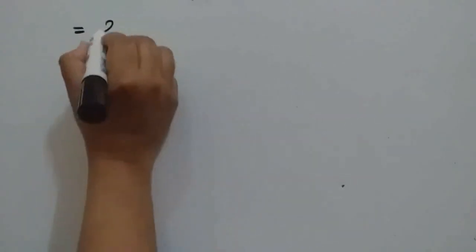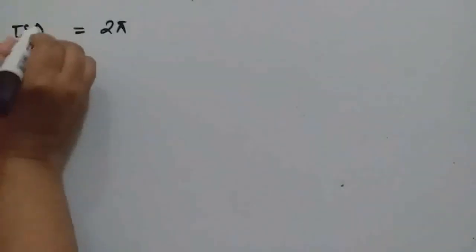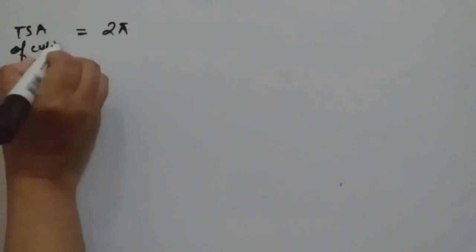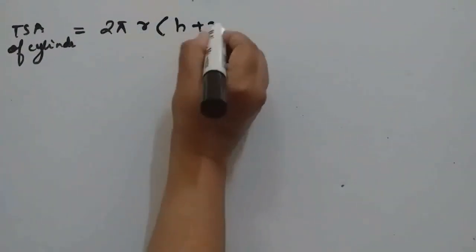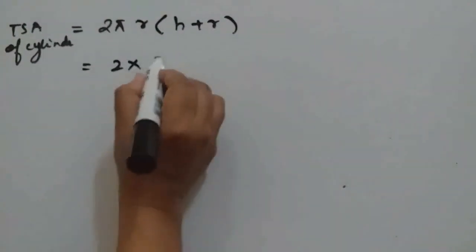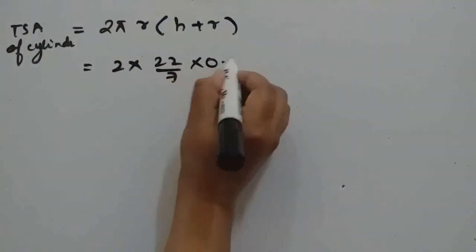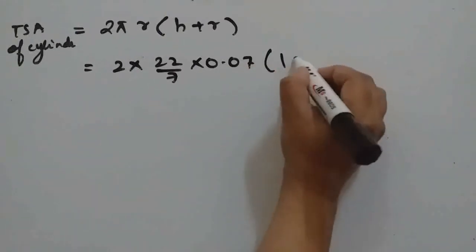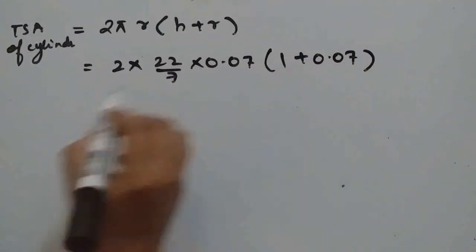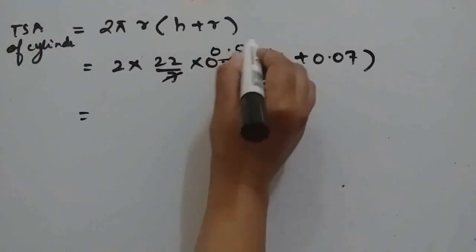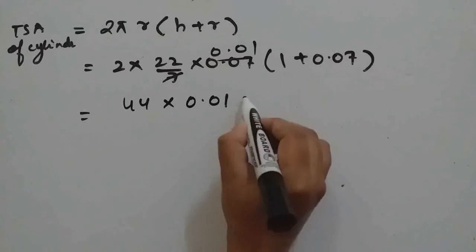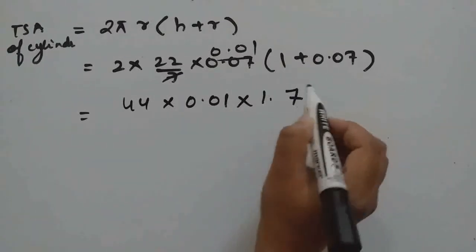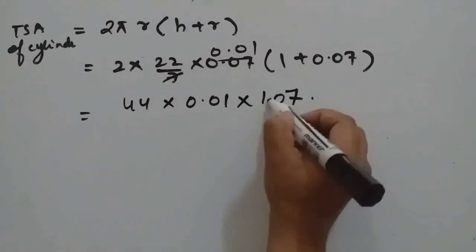Now the area of metal sheet required, that means total surface area, TSA of cylinder. So 2 pi r into h plus r, or r plus h. So r we got as 0.07, h was 1, so 1.07. So this will go, okay, so 44 into 0.01 into 1.07.